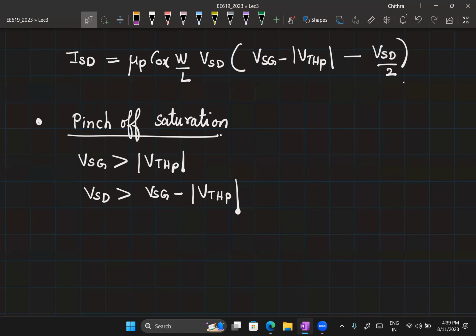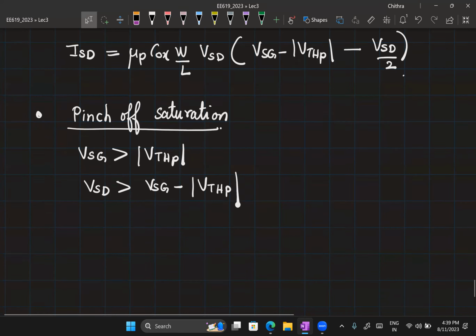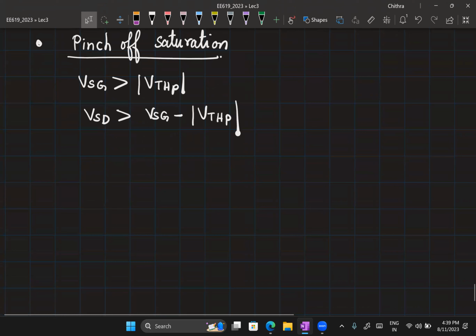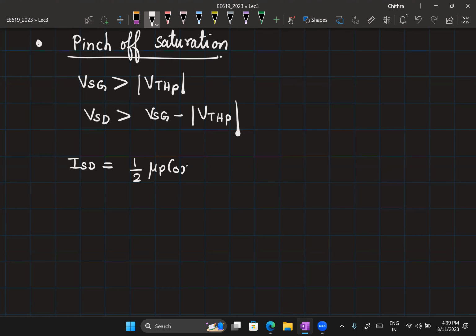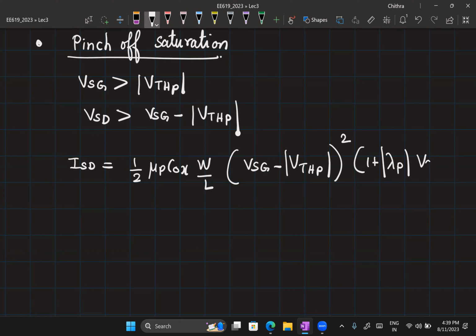In all of this, I'm assuming that the mod of VDSat value is very high so that we don't have to worry about velocity saturation. Then the current ISD is given by half mu_p C_ox W by L into (VSG minus mod VTHP) the whole square into (1 plus mod lambda P into VSD).